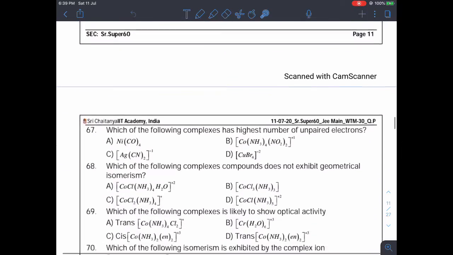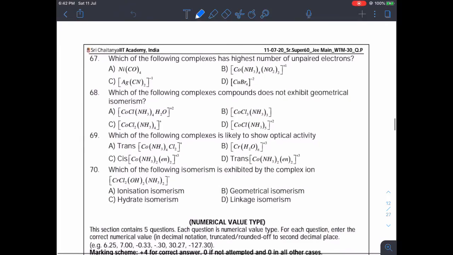Moving to the next question, 67. It says, which of the following complexes has the highest number of unpaired electrons? For unpaired electrons we need to check what the oxidation number is in each case. Like here we have 0. So nickel 0 means basically d8 s2, but since a strong field ligand CO is there, what will it do?